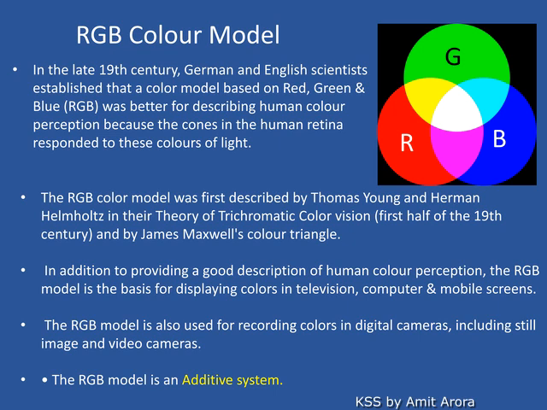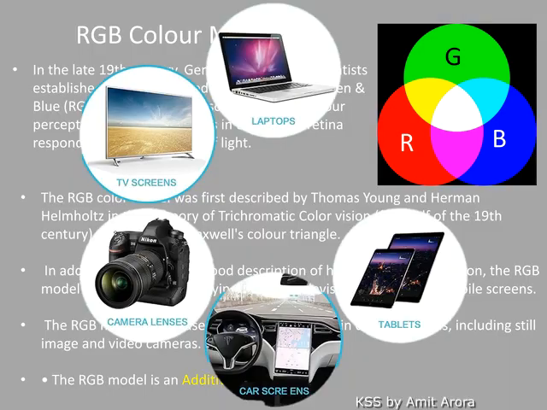In addition to providing a good description of human color perception, the RGB model today is the basis for displaying colors in television, computers and mobile screens. This RGB model is also used for recording colors in digital cameras, including still image and video cameras. The RGB model is an additive system.